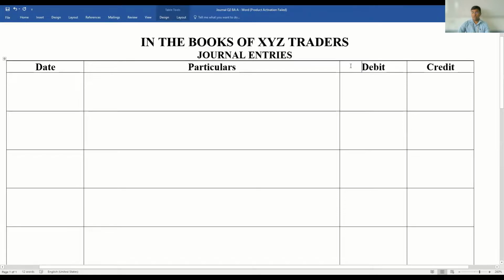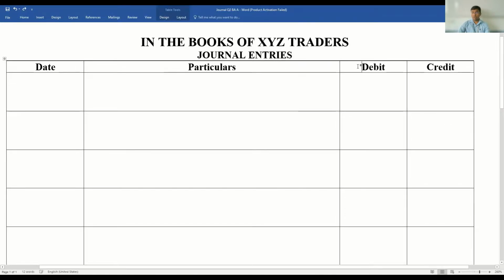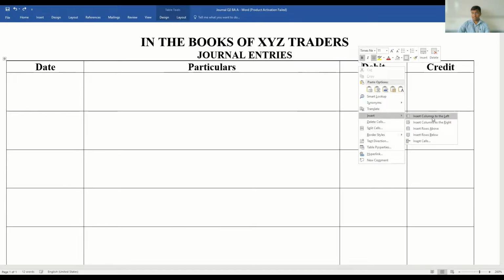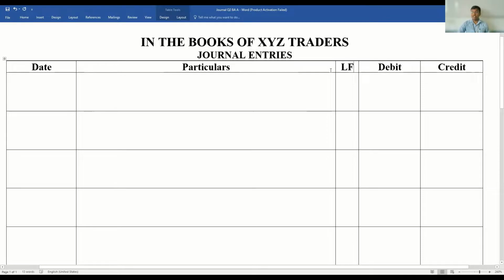We also have a ledger folio column which is mentioned over here. I've already explained to you that the ledger folio column is used to record the page number of the ledger when you post the transactions.